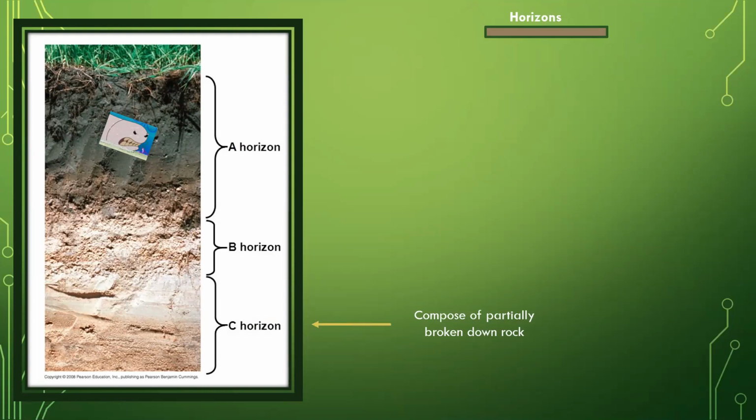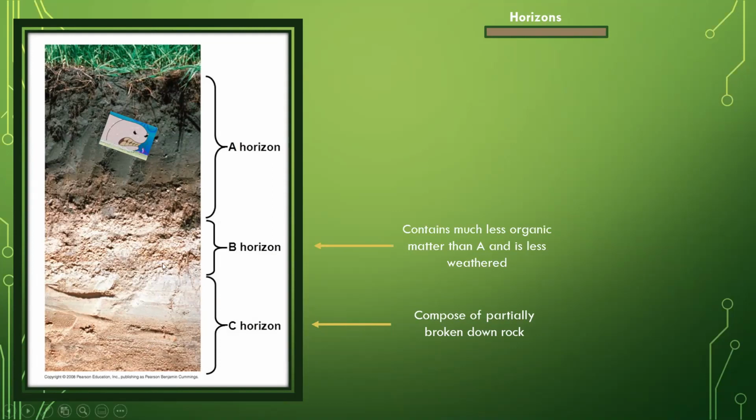But the bottom is composed of partially broken down rock. These molecules are much bigger than the ones above them. Again, this is more akin to sand, larger particles. As you move closer to the surface, you start to have more and more organic matter. But it's still less weathered, right?